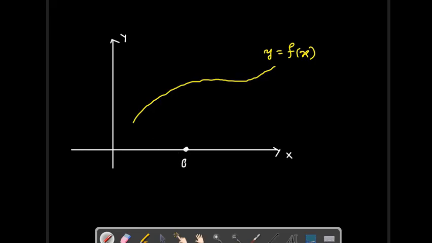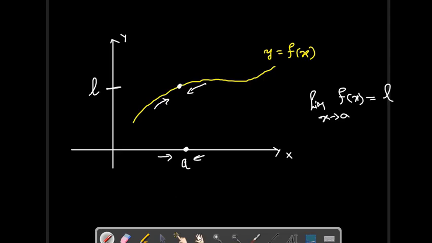Now I'm taking a point A. From this graph you can observe that as you move towards this point, the function moves this way and the function moves this way, and when you reach A, you reach this height L. This is what we represent as limit x goes to A, f of x equal to L.